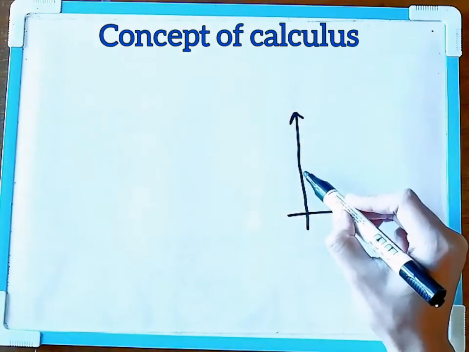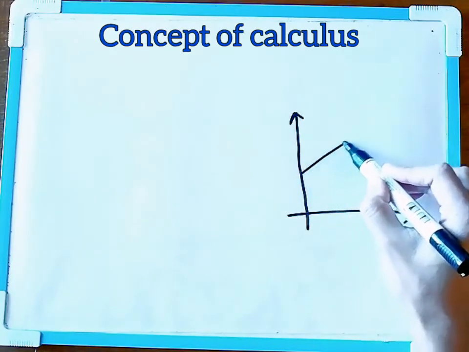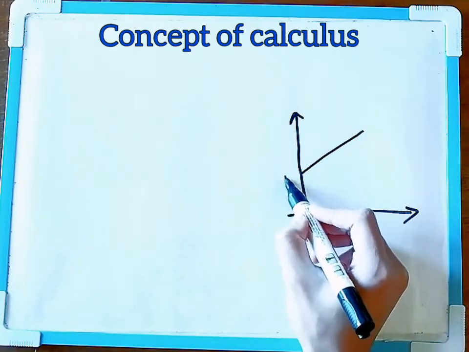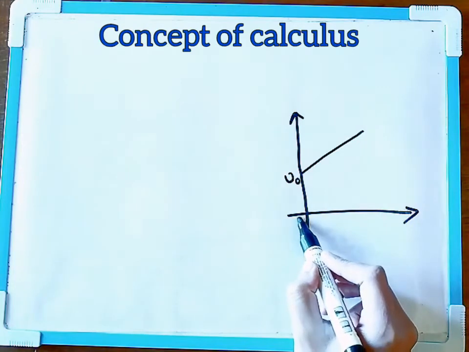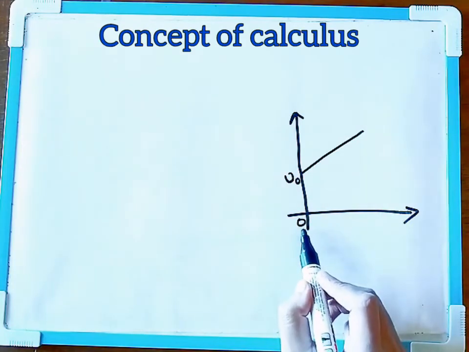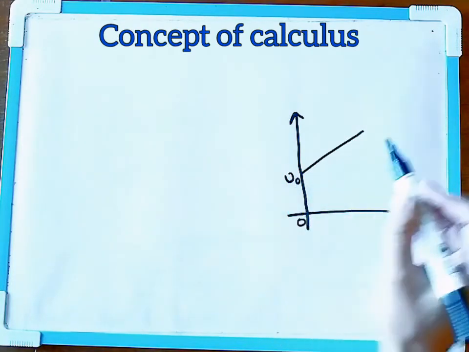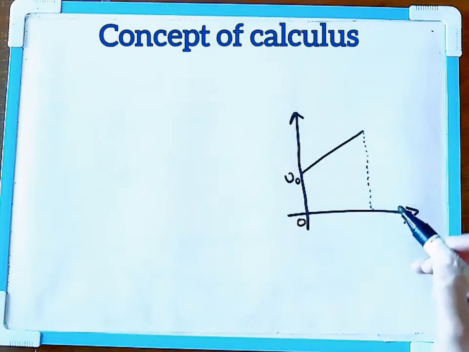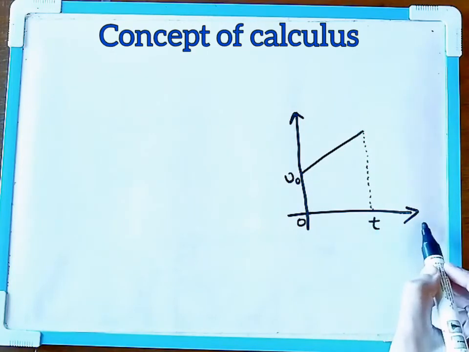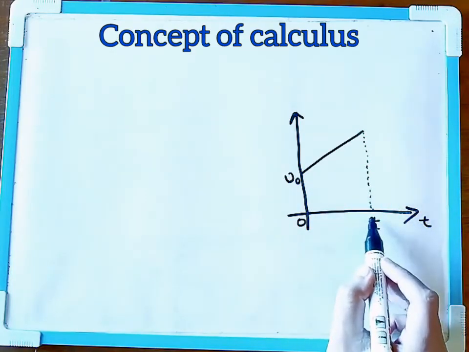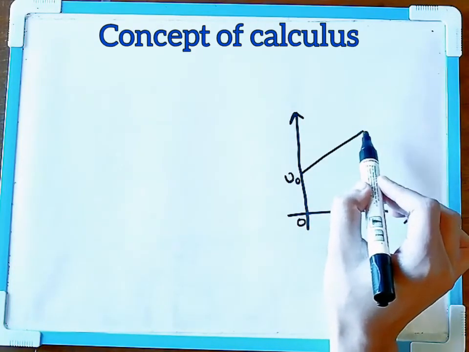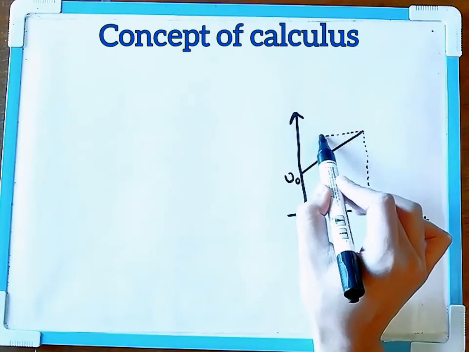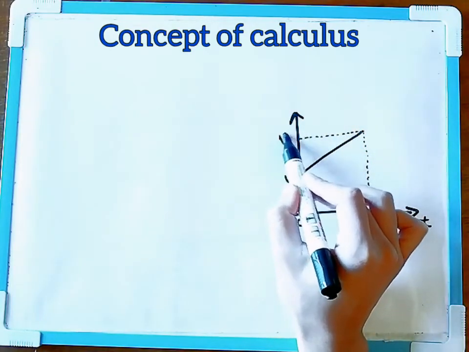The velocity-time graph of this uniformly accelerated motion is drawn in this way, where v0 is the initial velocity, that is, at time t equal to 0 the velocity is v0, and at this time t the velocity is v.